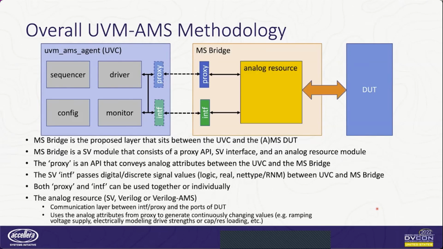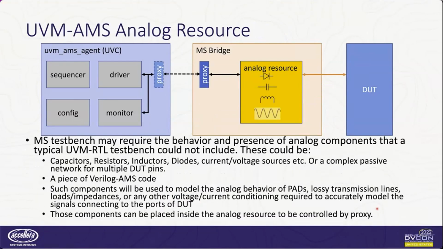And then there's an analog resource. This analog resource will take the values from the proxy and generate a signal that's passed to the DUT. It will also take any signals driven through the interface and pass those through to the DUT as well.